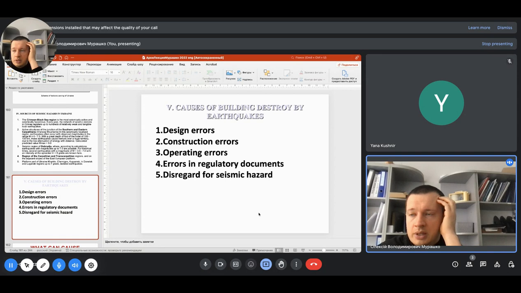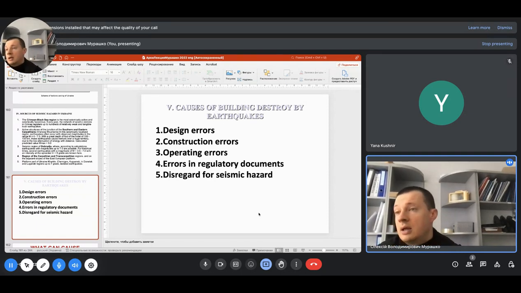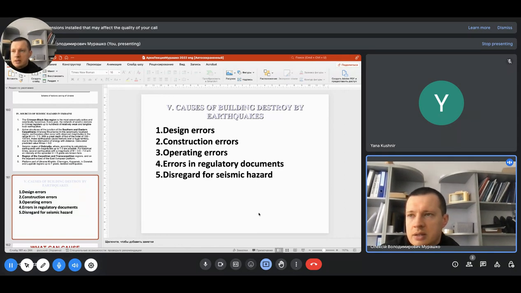Destruction of buildings during earthquakes can also be connected with errors in regulatory documents, and with disregard for seismic hazard, because some designers do not take seismic hazards into account at all during their design. So when an earthquake takes place, it can destroy a building which was not designed to withstand it.